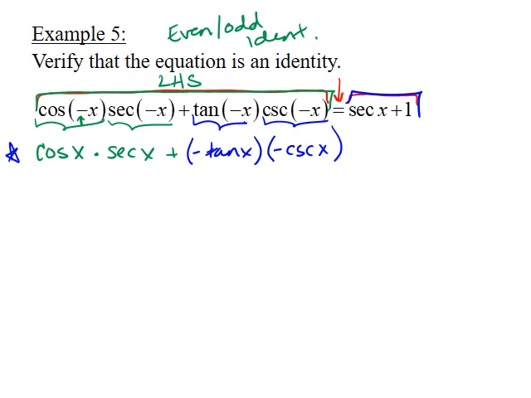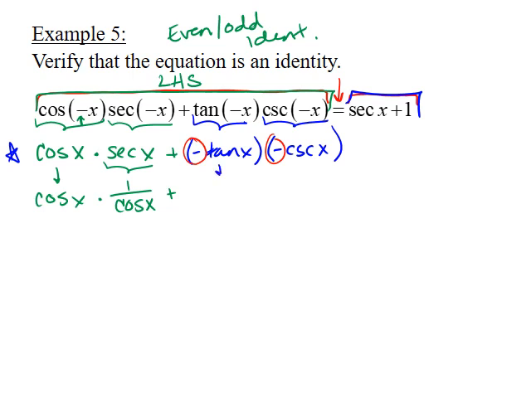Okay, so let's just keep trucking along. Cosine of x, I can't do anything with this, but secant of x, I can write this as 1 over cosine of x. Plus, over here, a negative times a negative is positive, so I know that I'm going to end up with a positive.